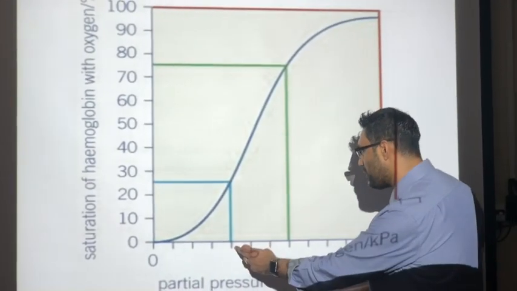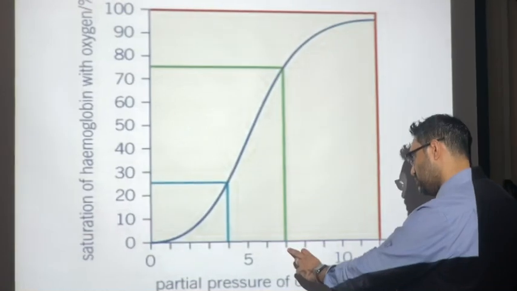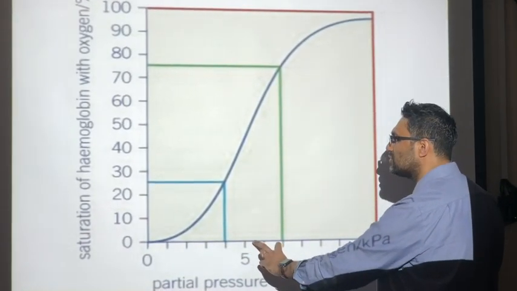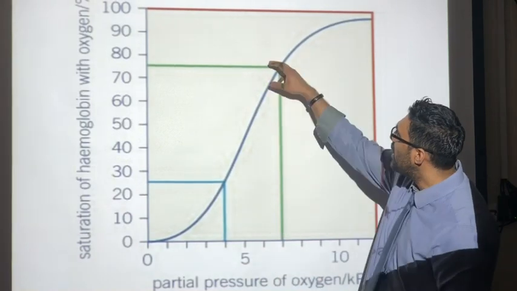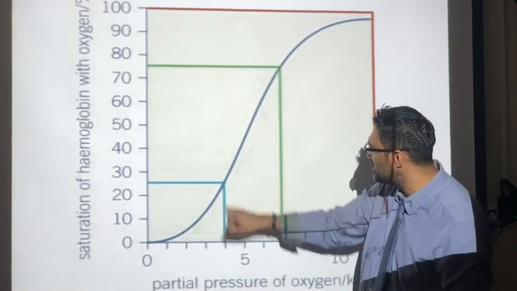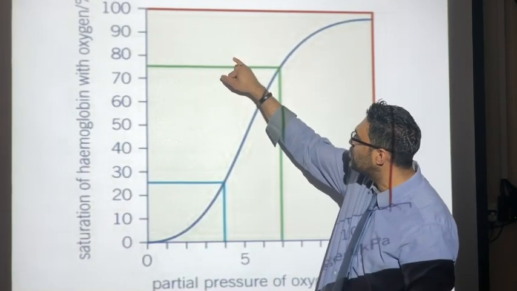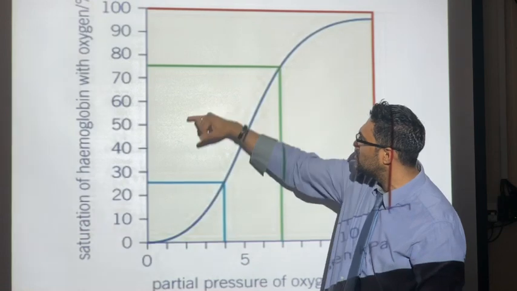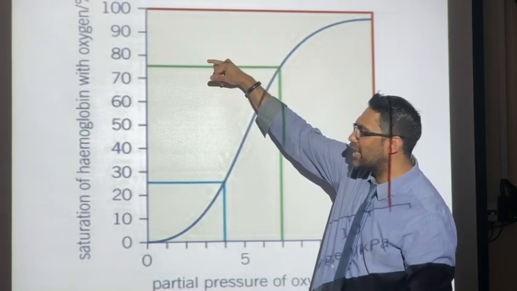But if I go up from 4 to 7, so I've not quite doubled the pressure, I've got 50% extra. So that's like 25% going up to 75%, so it's doubled and doubled again.